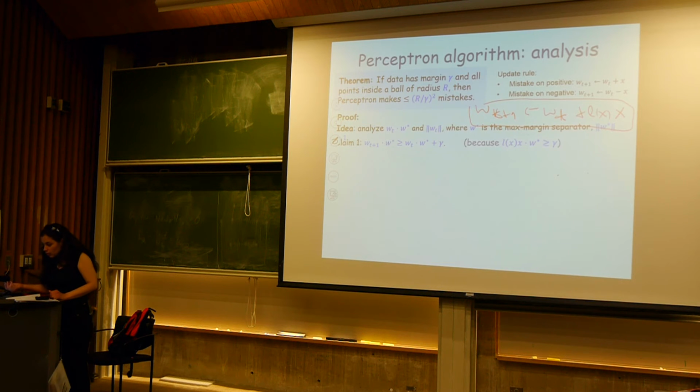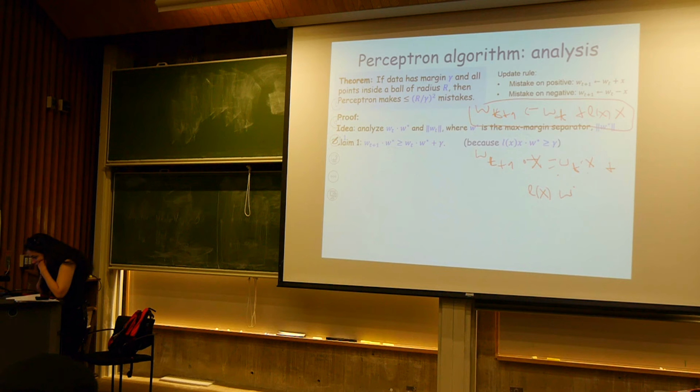WT plus 1 will be WT plus the label of X times X. Now if I go ahead and compute WT plus 1 dot X, that's exactly WT dot X plus... Oh, sorry, this is not what I need to compute. That's why I was getting confused myself. Good, I was worried for a second.